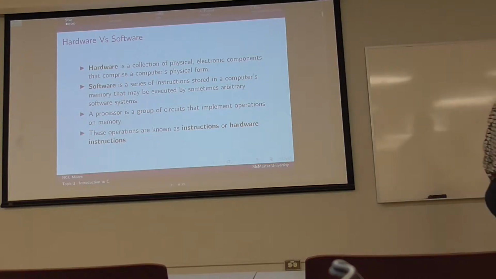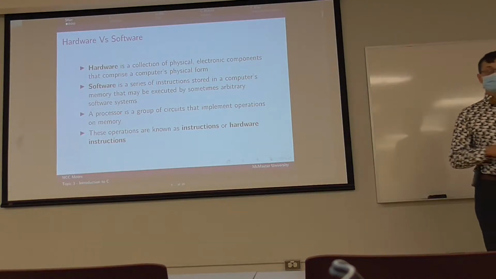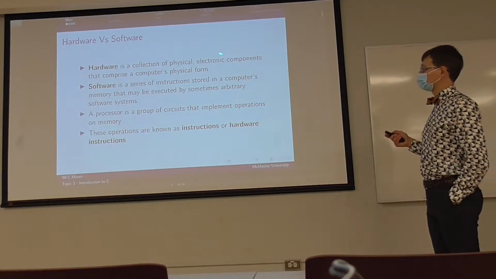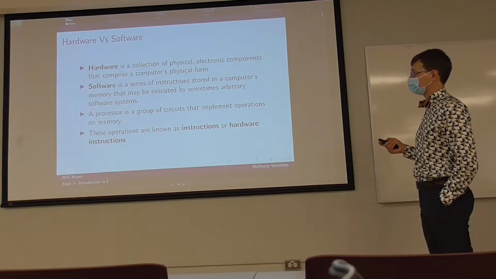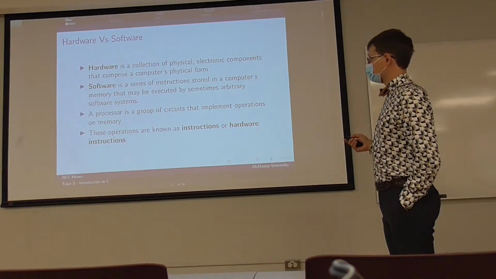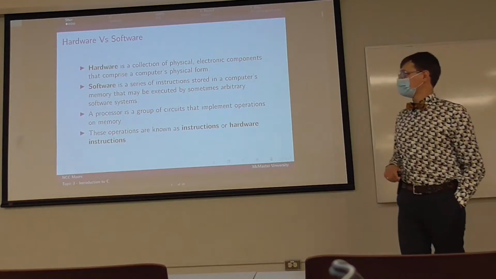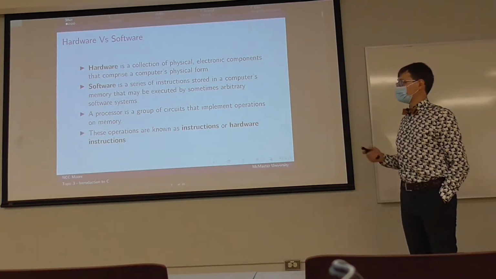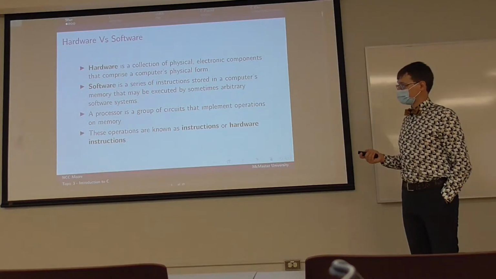So, let's warm this up a little bit. Hardware and software. This is terminology I'm sure all of you already know. Hardware is a collection of physical electronic components that comprise a computer's physical form. Software is a series of instructions stored in a computer's memory that may be executed by sometimes arbitrary software systems.